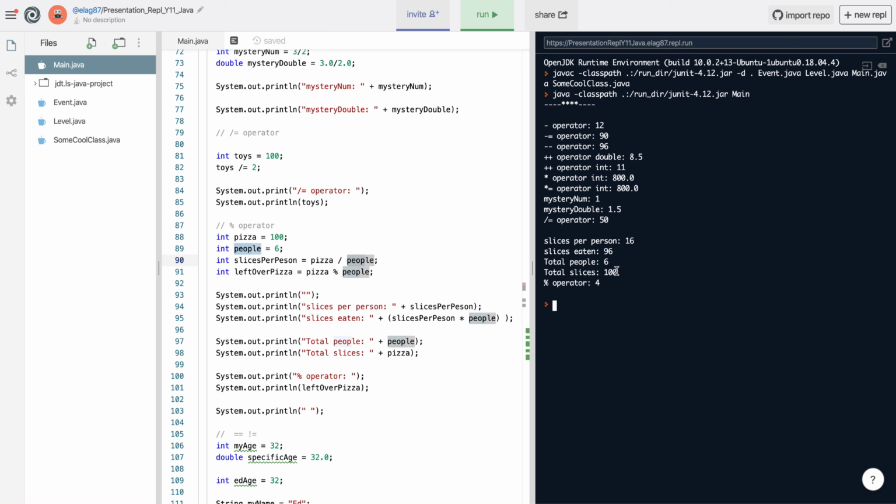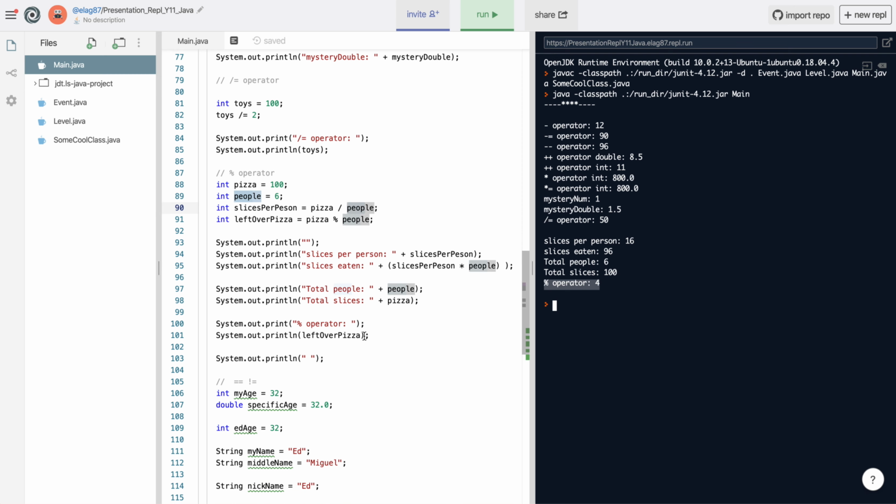In this case, we divided 100 total slices by 6 people, and we notice that each one of these 6 people would get 16 equally, and in total there would be 96 eaten, so 4 would be left. So the modulo operator gives us whatever is remaining. It gives us the remainder of a division, or what's remaining if everything was shared equally.